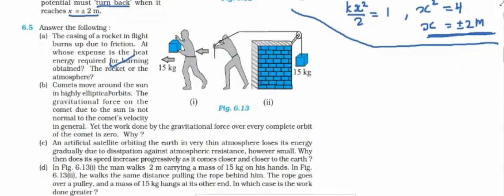Now, part B. A comet moves around the sun. The gravitational force on the comet due to the sun is not normal to the comet's velocity in general.